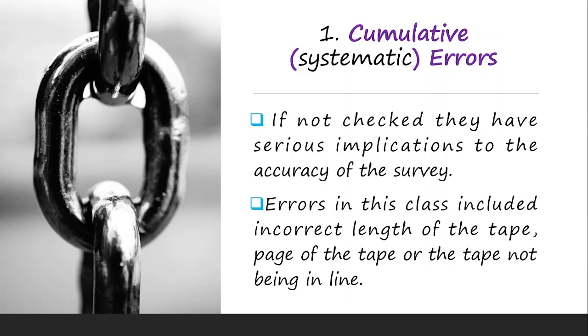Errors in this class include incorrect length of the tape, the peg of the tape, or the tape not being in line. These are just examples of cumulative or systematic errors. The incorrect length of the tape can lead to incorrect measurements, or the peg not being in line can also lead to incorrect measurements.